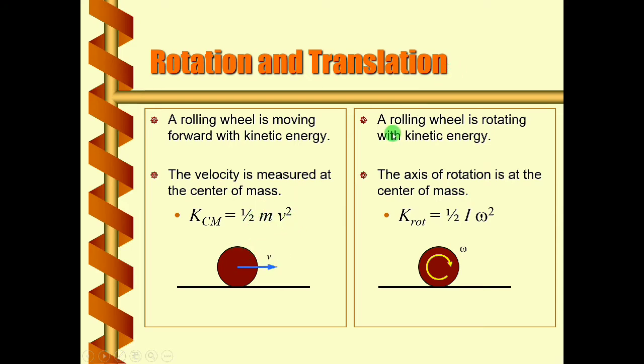Now if you are writing the expression for rotational kinetic energy, when the wheel is rotating about its center of mass, the kinetic energy for rotational motion will be half I omega square. This we already derived, where I is the moment of inertia and omega is the angular velocity.